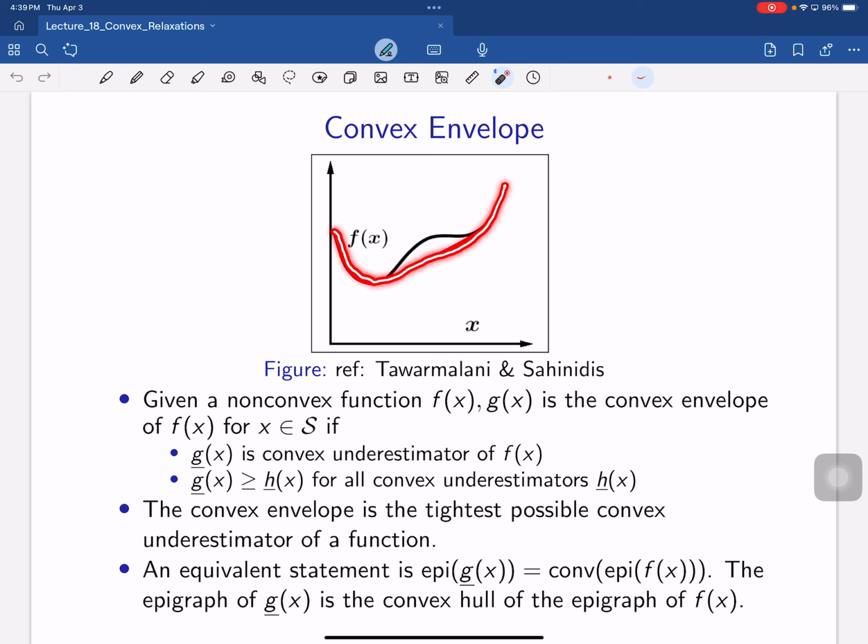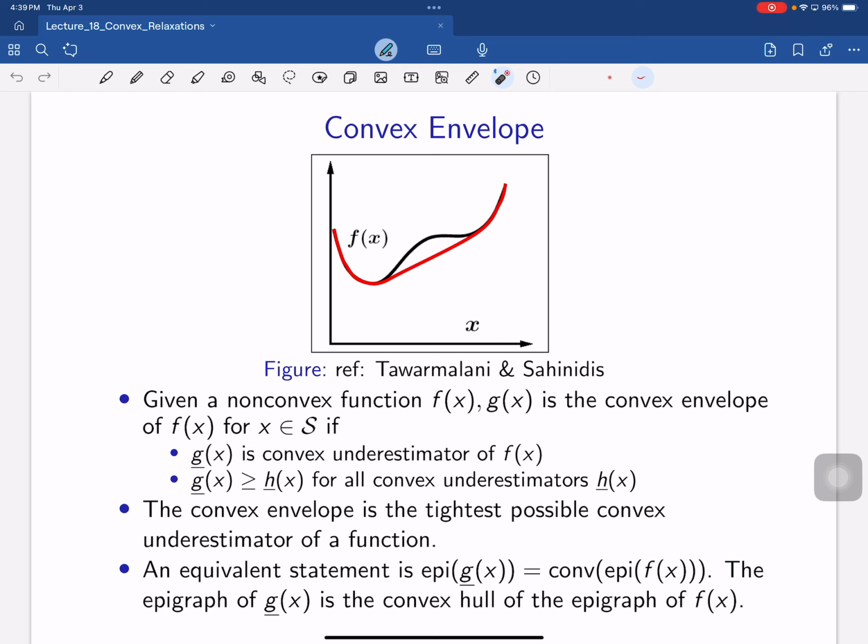So what's special about this red curve here in the picture, compared with the different convex relaxations? Just by inspection, without going to the math, how do you actually describe this? This red curve is the best convex relaxation you can come up with. You cannot come up with any convex function that is greater than this red curve.